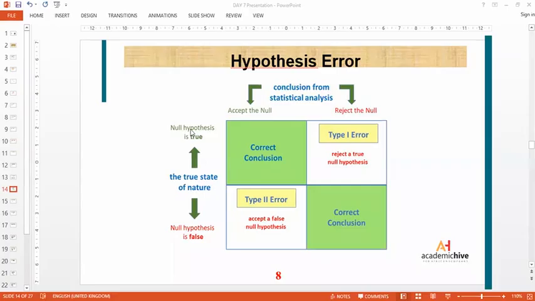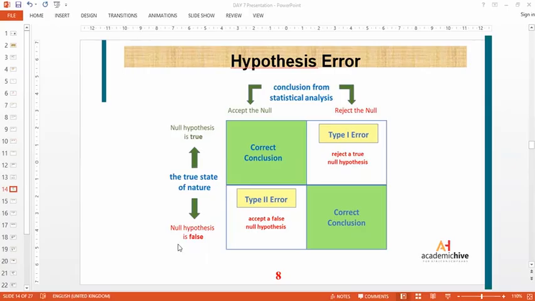That is the real thing that happened. And then this conclusion is your own conclusion about it. So this part up here is the decision you took. But this part beside here is what you should actually have taken, like the true position of things.